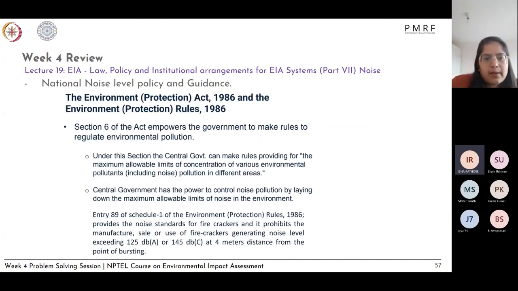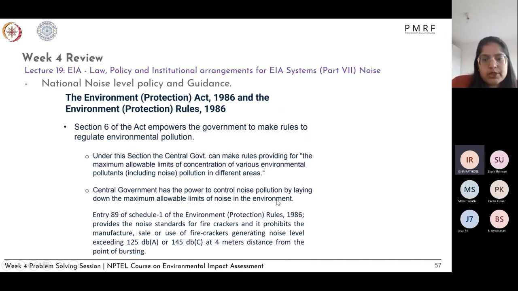And then we have the Environment Protection Act 1986 and Environment Protection Rules 1986. The central government can make rules regarding the maximum allowable limits of concentration of various environmental pollutants, including noise, in different areas.